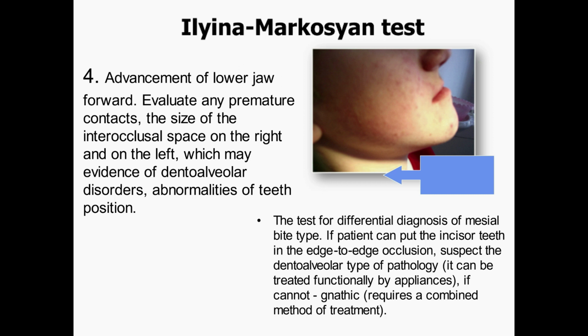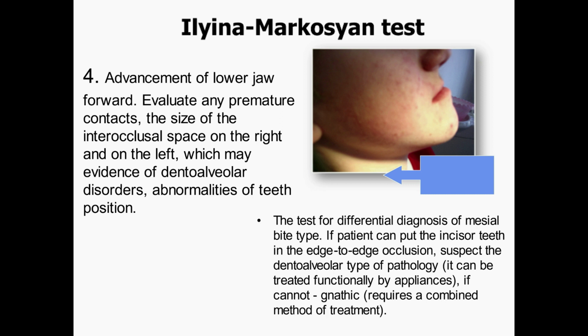Fourth test. Advancement of the lower jaw forward. Evaluate any premature contacts and the size of the interocclusion space on the right and on the left, which may evidence dentoalveolar disorders and abnormalities of teeth position.